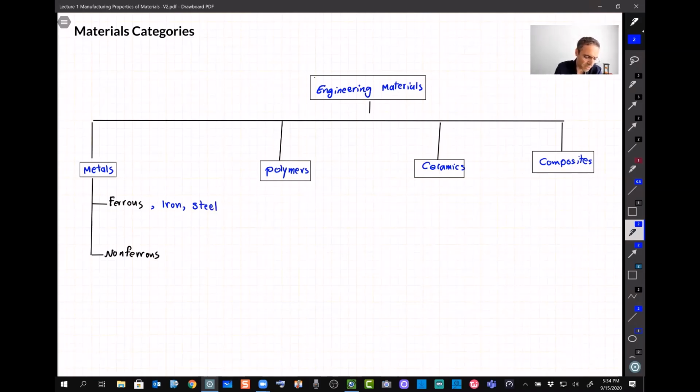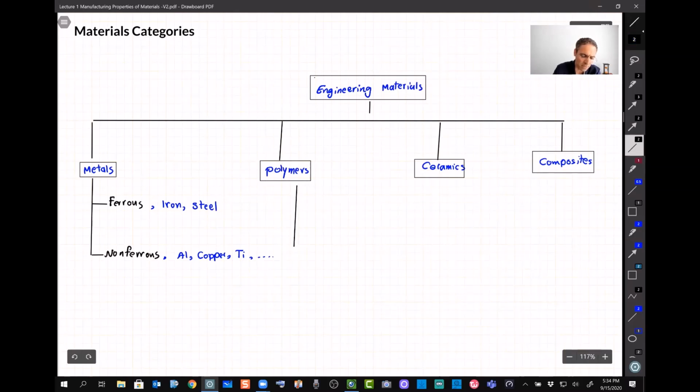And non-ferrous material: aluminum, copper, titanium, tungsten, and many other non-ferrous materials. Polymer, we categorize polymer into three main categories.